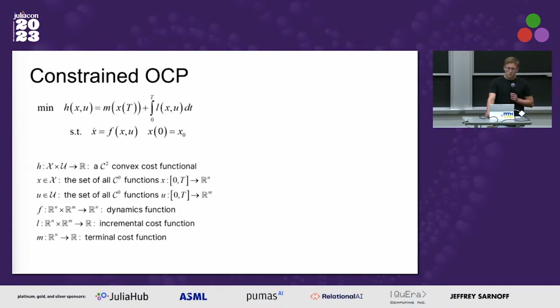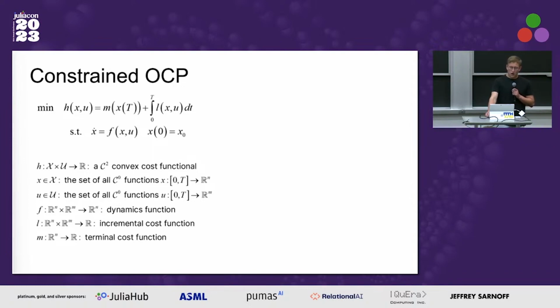Let's take a bit of a more formal look at this problem first, though. The objective is to minimize a cost functional h, which operates on x and u, a pair of state and input spaces, which are continuous functions of time. And then f, l, and m are functions defining the dynamics, the stage cost, and a terminal cost for the problem.